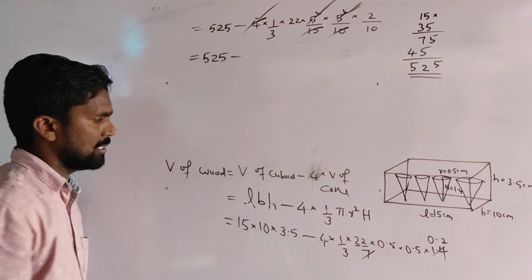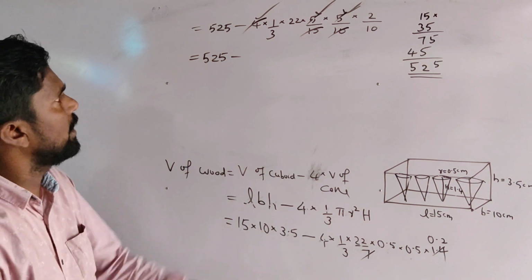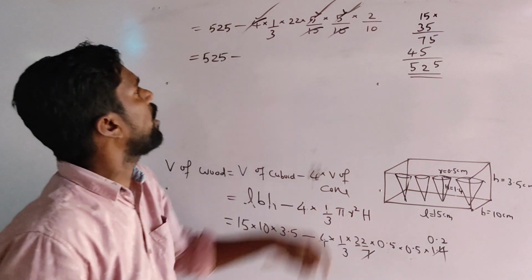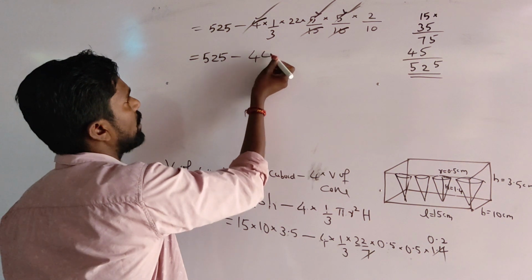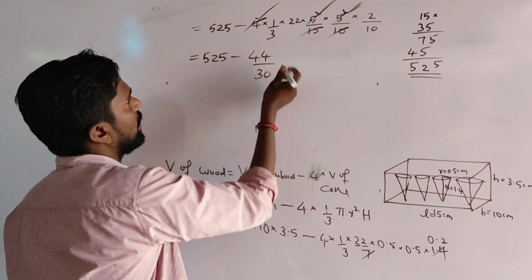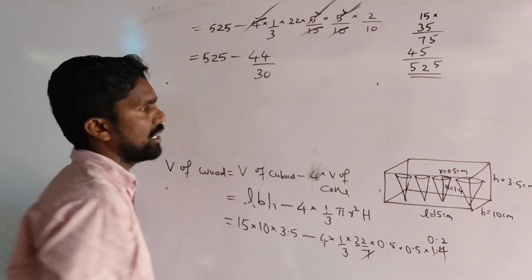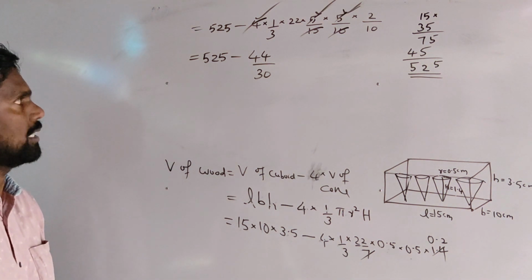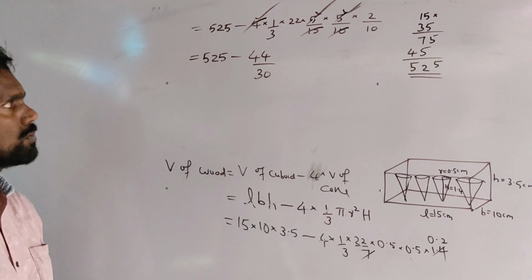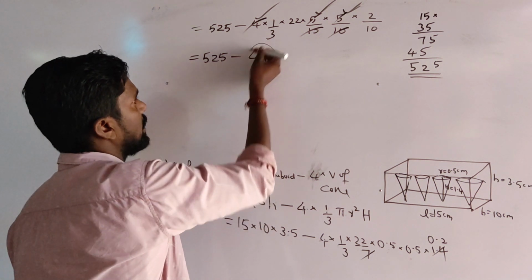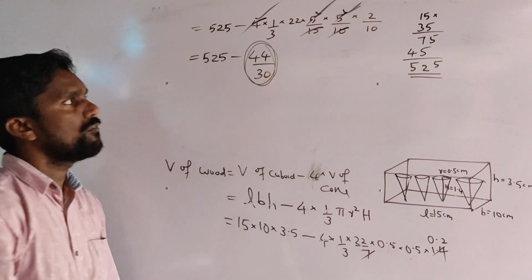525 minus 44 by 30. 22 into 2, 44. 44 by 30. So either you can do cross multiplication or you can divide these and subtract from 525.